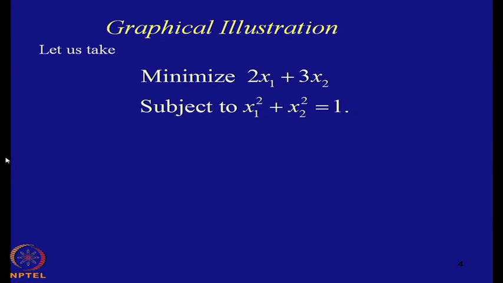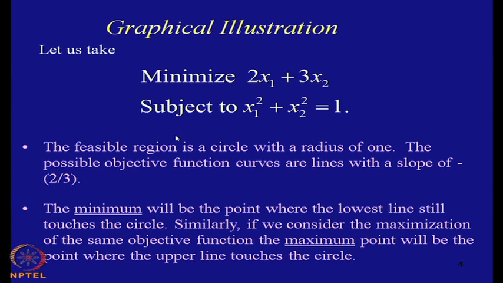That is the constraint, and the objective function is a linear function, that is, a line, with slope minus 2 by 3. So we can say the feasible region of this problem is a circle of unit radius, and the objective function contours are lines with slope minus 2 by 3.